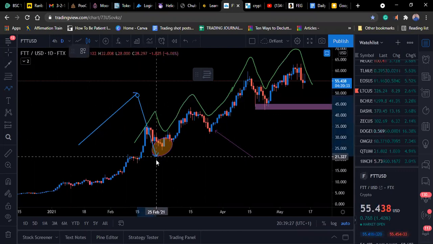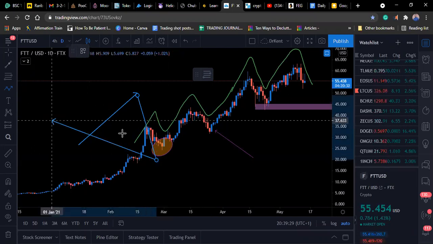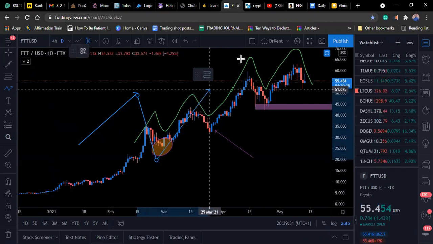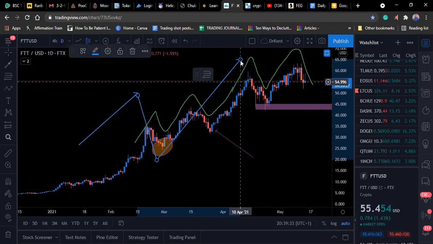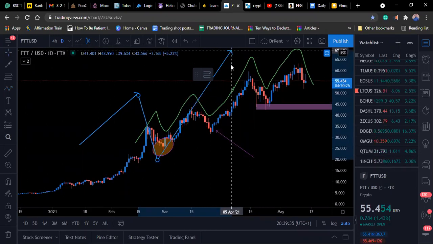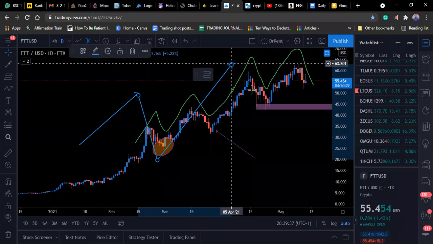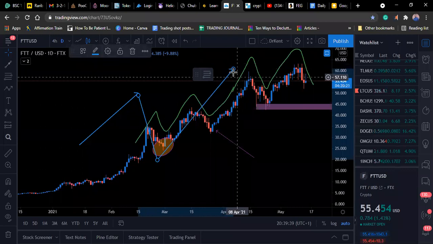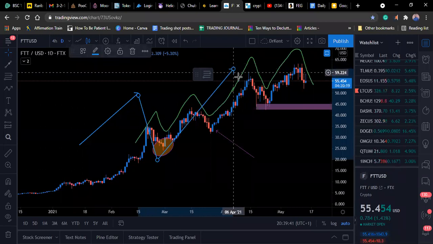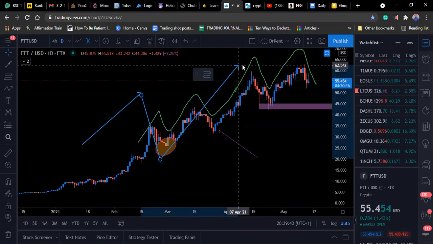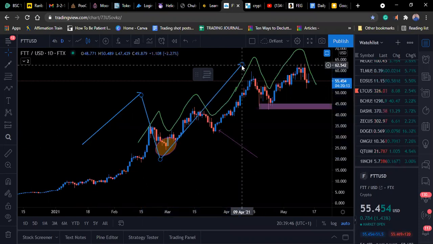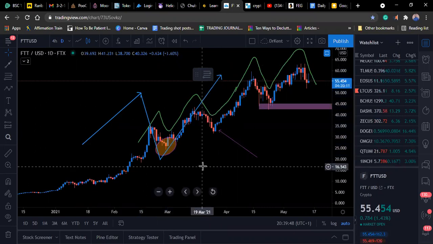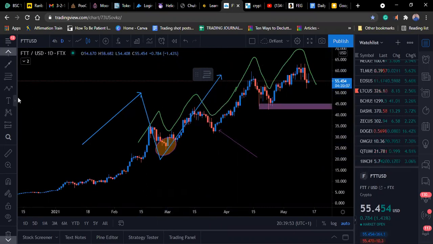You can do this too. Okay, that's the path. You can use that too instead of using that.